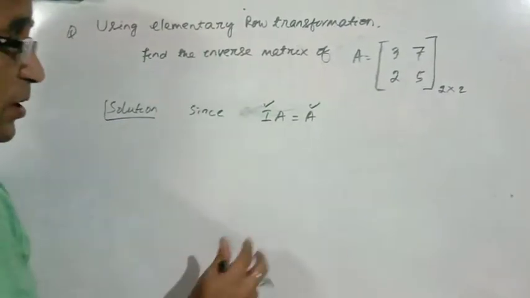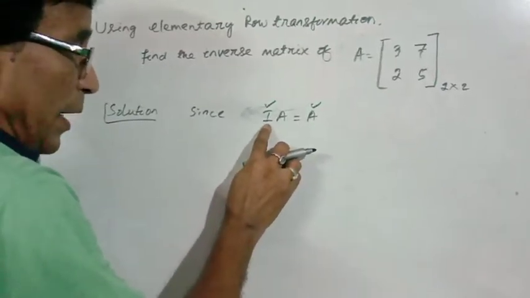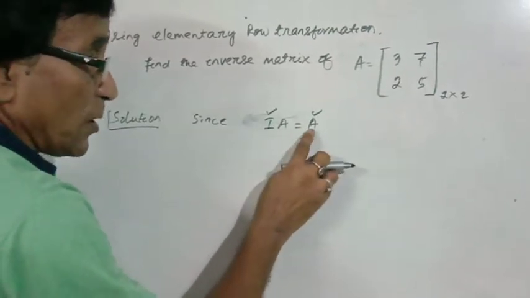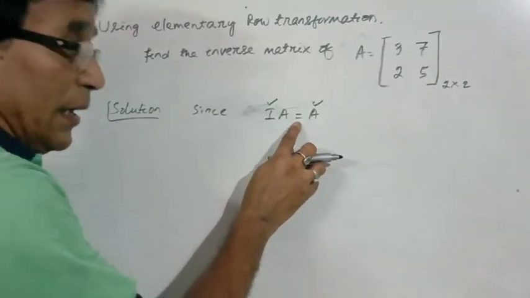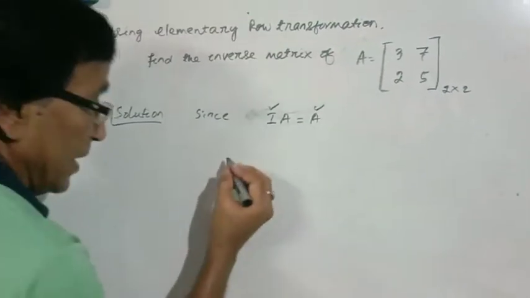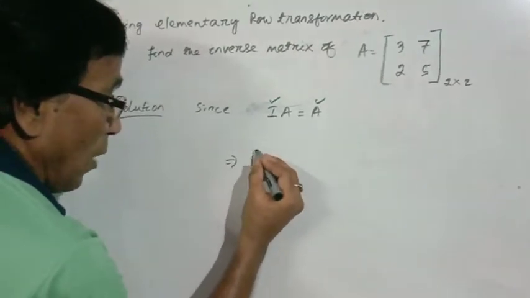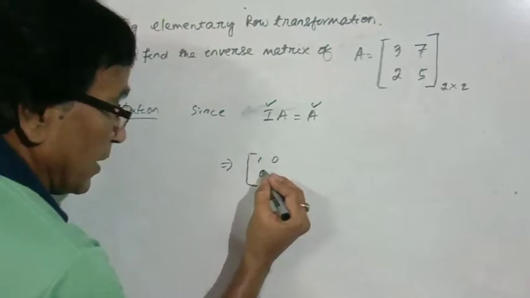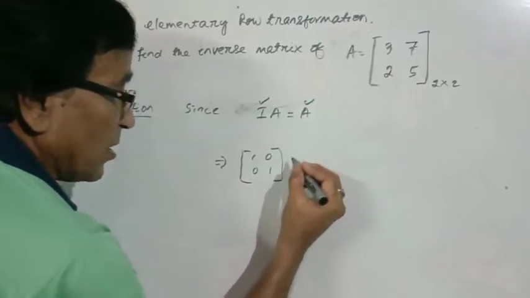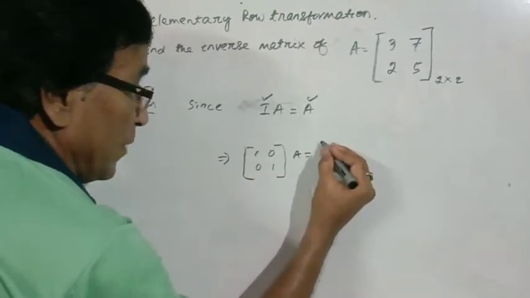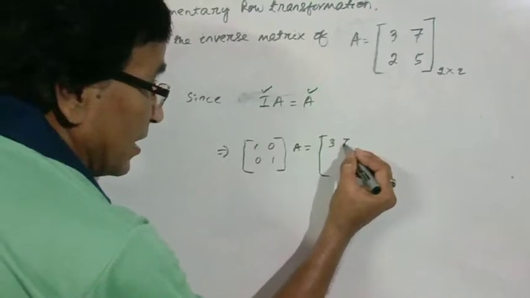That means here I is equal to 1 0 0 1, which is a unit matrix of second order, into A, where A is given to be 3 7 2 5.